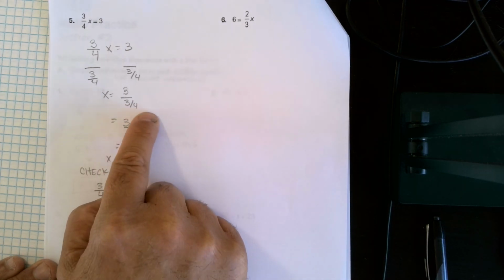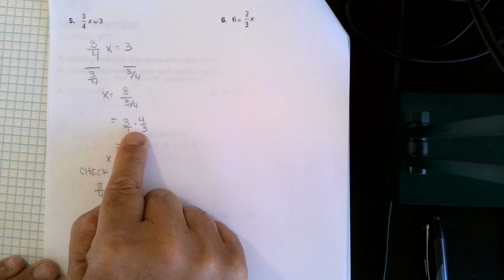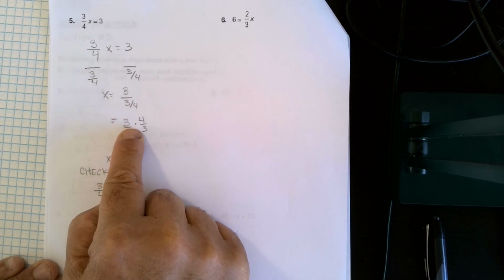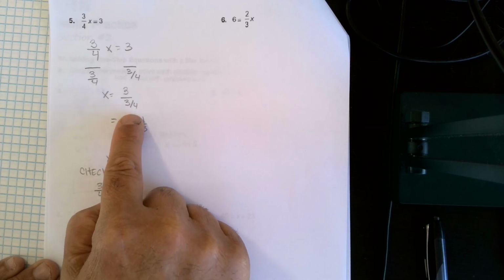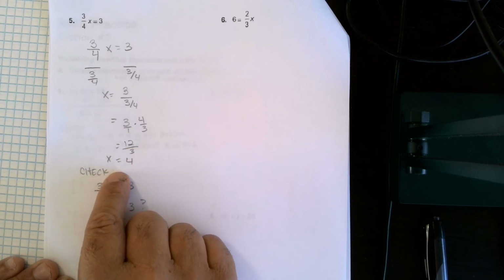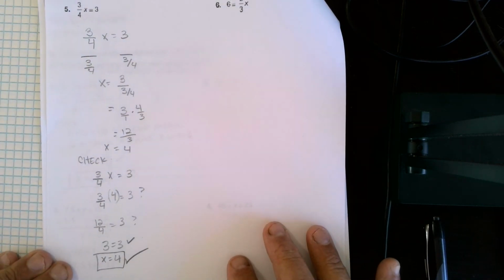Remember how we don't divide fractions, we multiply by the inverse of the fraction, okay? That's what's going on here. This is division. I turn it into multiplication by taking the flipped inverse of the denominator here, and multiply it. So that gives me 12 over 3 or 4, and then I checked my work, okay?